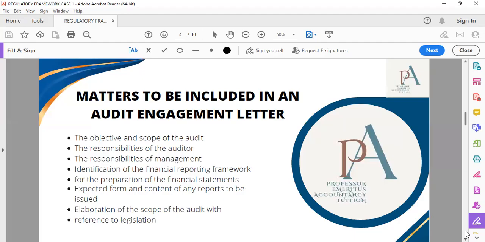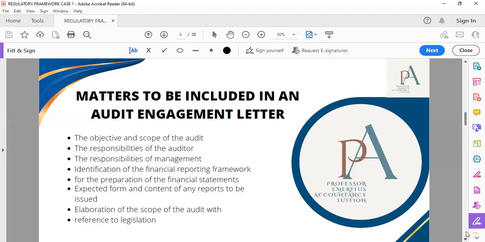And then the engagement letter will state the responsibilities of the management, which we said earlier, that it is the management's responsibility to prepare the financial statement. They are to design and maintain the internal control system. The engagement letter will identify the financial reporting framework that has been adopted by the organization.